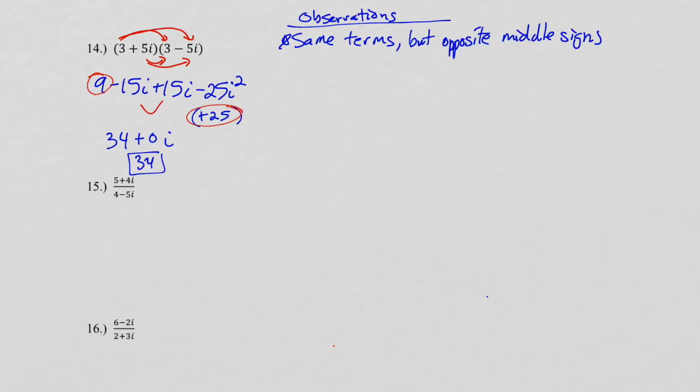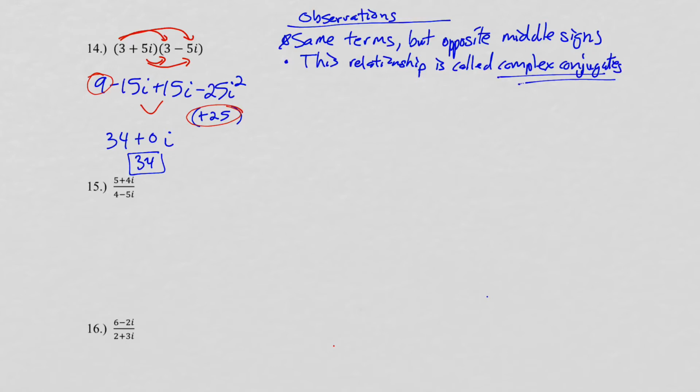Opposite middle signs, and this relationship is called complex conjugates.